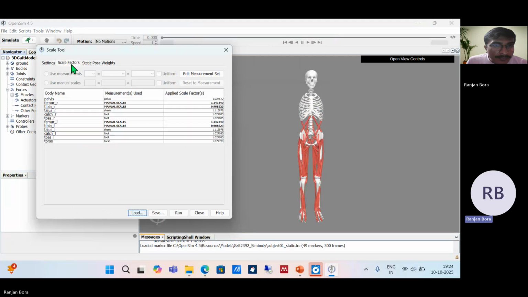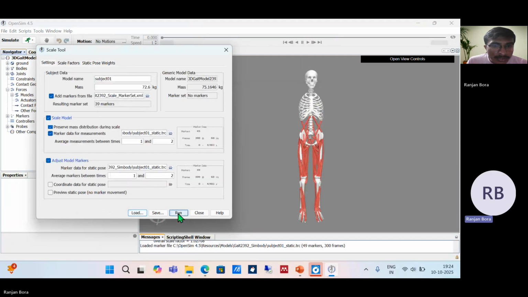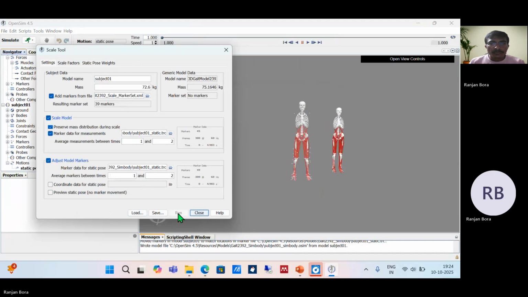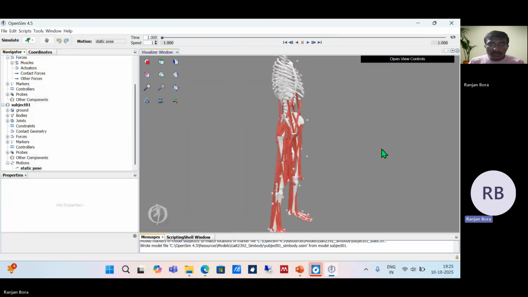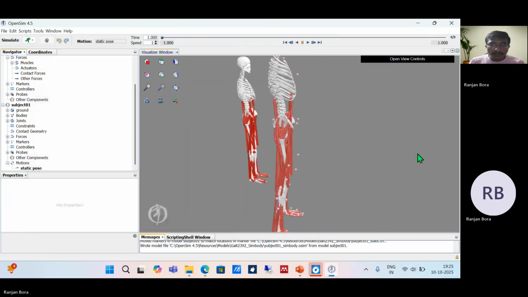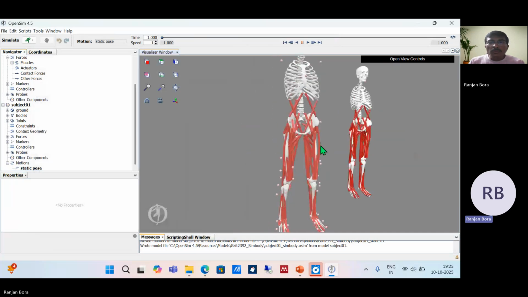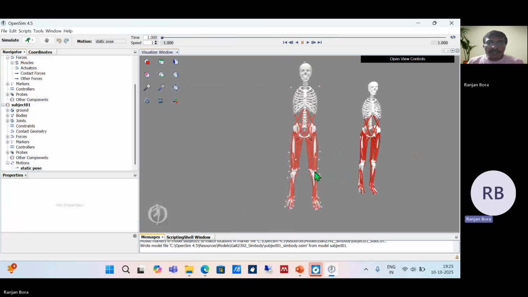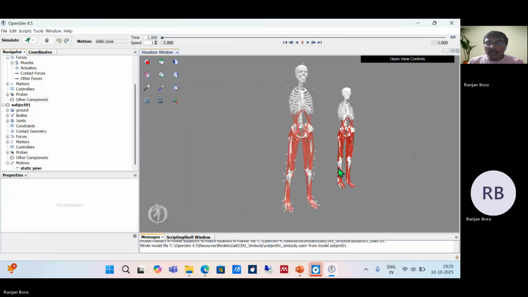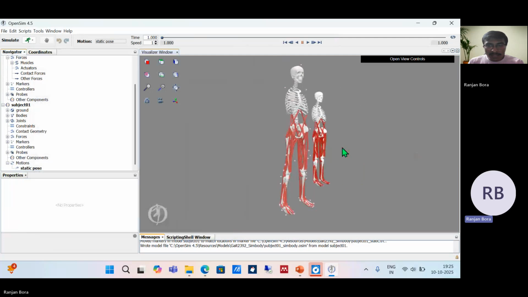And there are some scale factors. We'll do the scaling. Okay, scaling is done. You can see this model is generated after doing the scaling. Also, we have got the markers. Markers are placed on some bony landmarks.